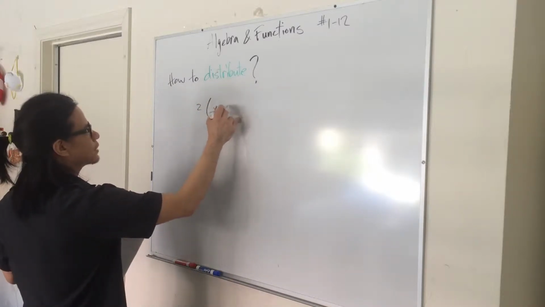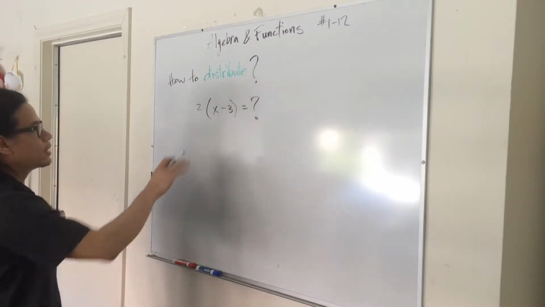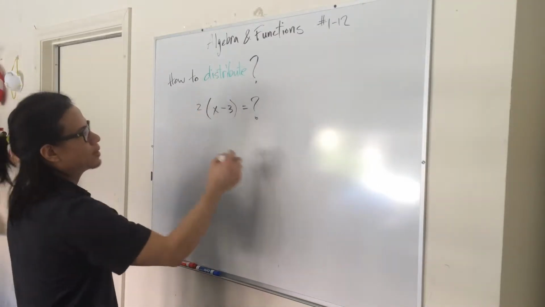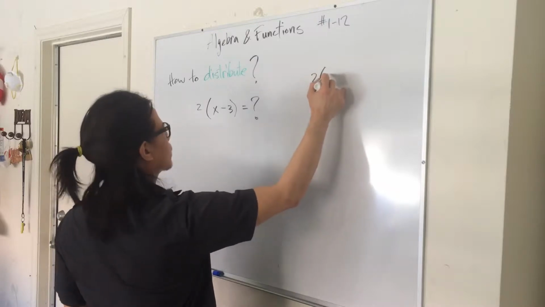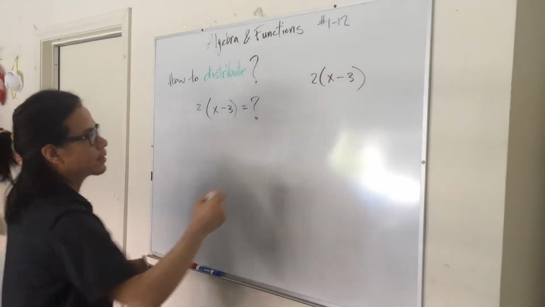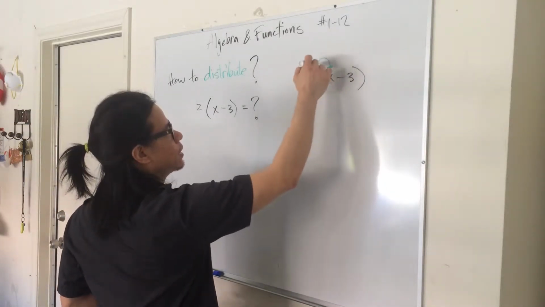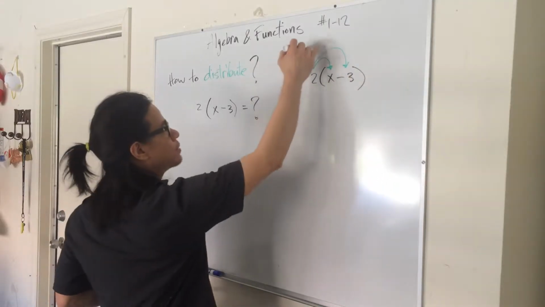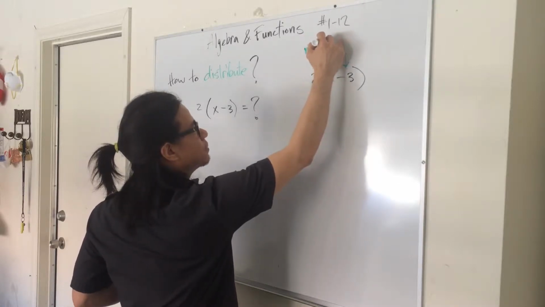Let's say 2 times (x minus 3) is equal to what? If you ever see the word distribute, it means to multiply each term. So for example, we're going to take 2 times x, and then 2 times negative 3. Let's make a note of it here, that what we're doing is multiplying.